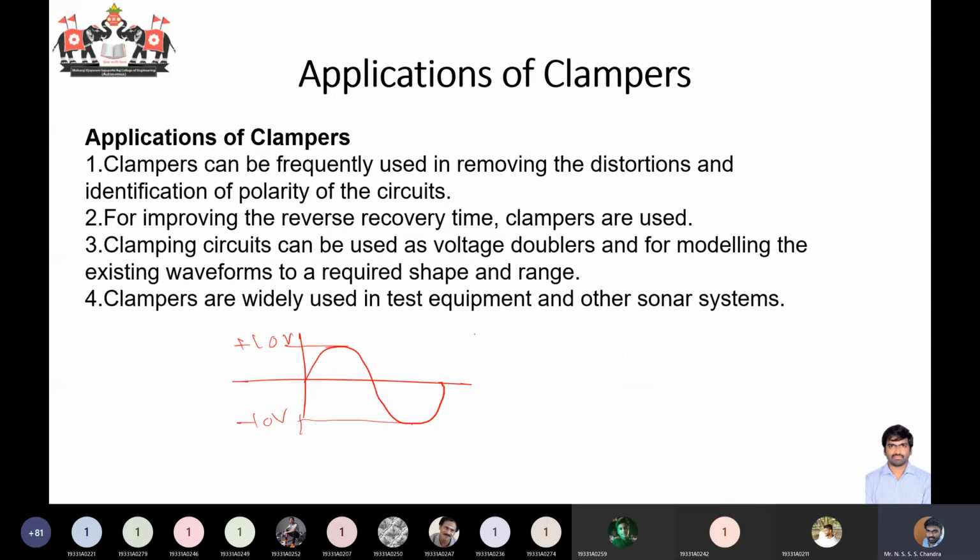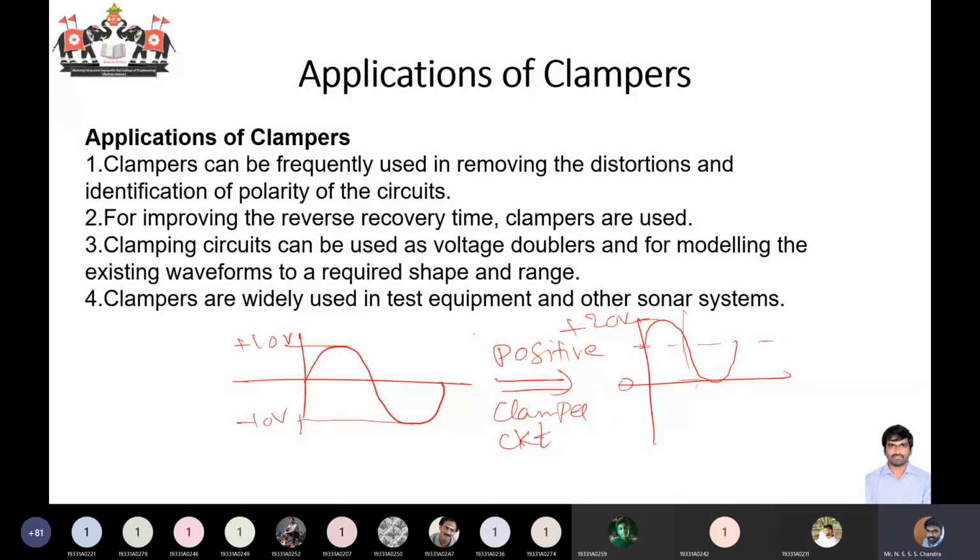If you are giving it to a positive clamper circuit, then your output will become, this will be around 20 volts, this will be 0. So the entire waveform will be shifted. Here the center is at 0, whereas here the center will be at 10 volts. So you are raising this by 10 volts.